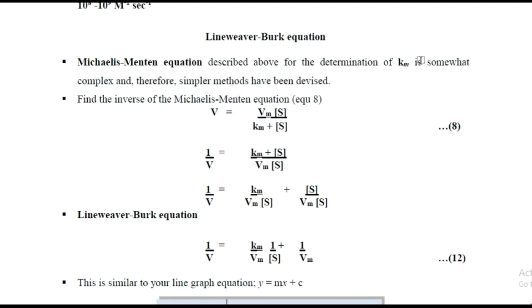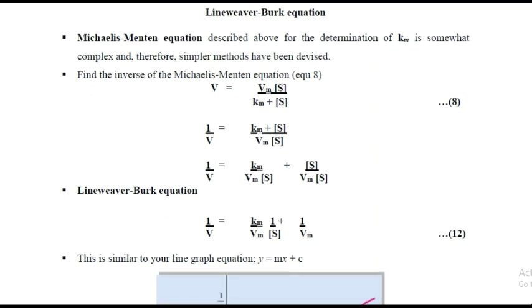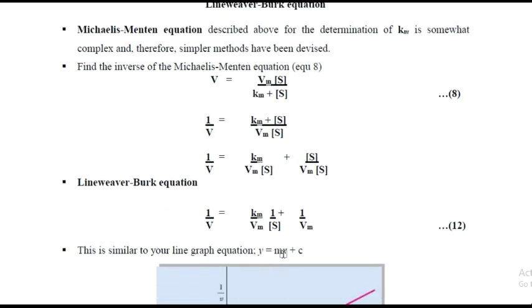And for Lineweaver-Burk, don't trouble yourself. Don't forget your Michaelis-Menten equation: V equals Vm, maximum velocity, multiplied by substrate concentration over Km plus substrate concentration. All you do is find the inverse. The inverse is 1 over V equals Km plus X over Vm multiplied by X. So you can see how 1 over V is made the subject of the formula.